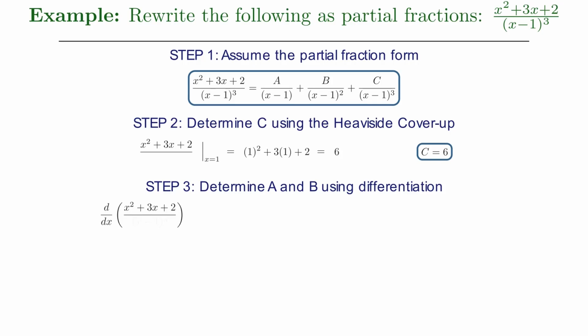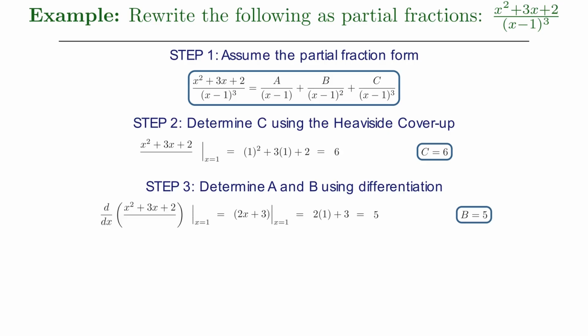I differentiate this once, then evaluate where x minus 1 is equal to 0, so substituting x equals 1. The derivative of x squared plus 3x plus 2 is 2x plus 3, and evaluating this at x equals 1 gives me 5. Therefore, B is equal to 5.